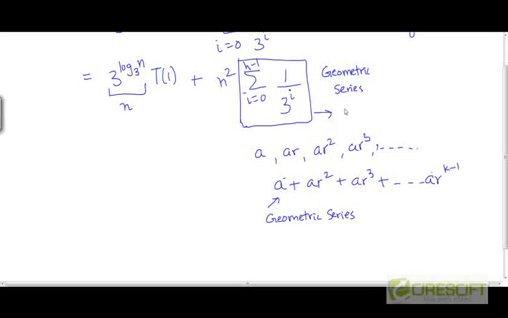So this is the series 1 plus 1 by 3 plus 1 by 3 squared plus so on till 1 by 3 to the power h minus 1. There are h terms in this series. The first term, which is a, is 1, and the common ratio is 1 by 3. So each term is obtained from the previous term by multiplying by the common ratio, which is 1 by 3.